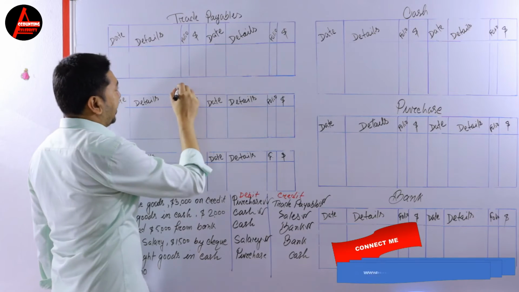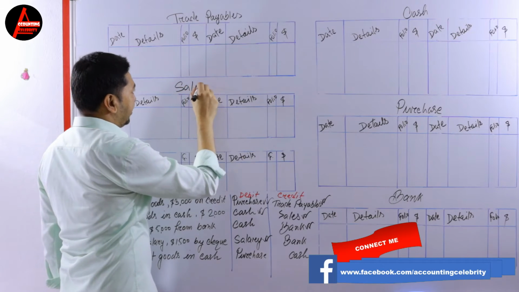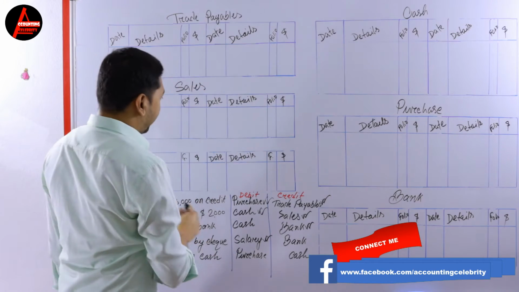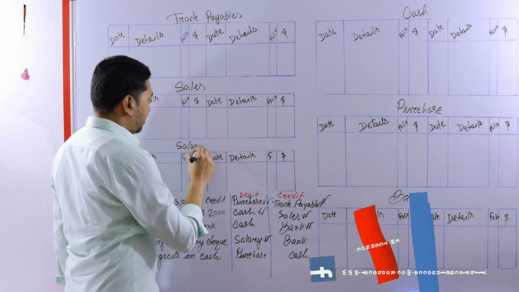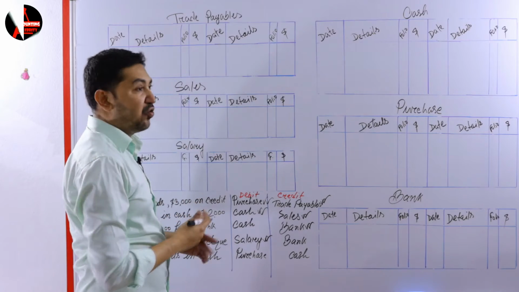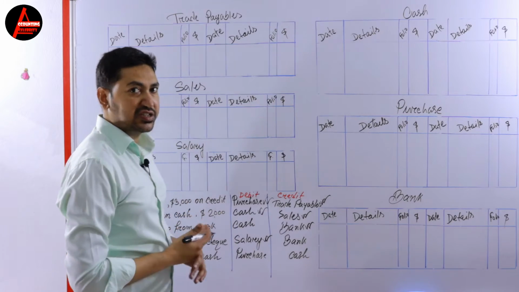What is next? We have the sales ledger. Last of all, salary. Okay, so we have named those ledgers.